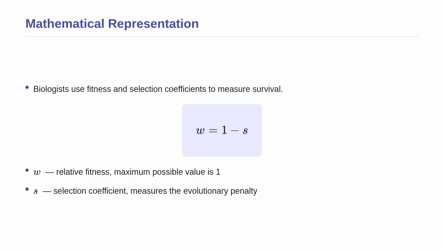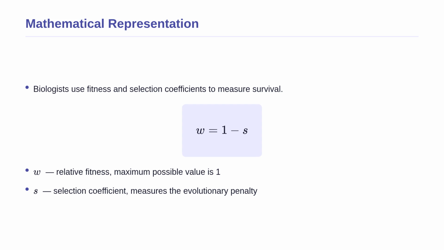Now that we have explored the biological concepts, let us translate this into a precise quantitative science. To measure exactly how strongly nature is selecting for or against a specific trait, biologists use a very simple but powerful equation. W = 1 - S. Here, the symbol W represents the relative fitness of an organism.